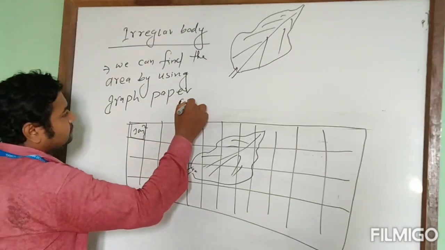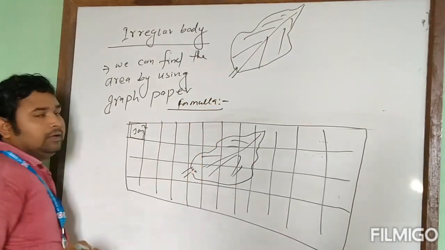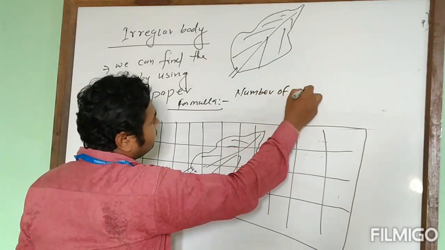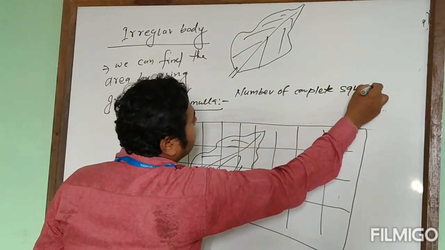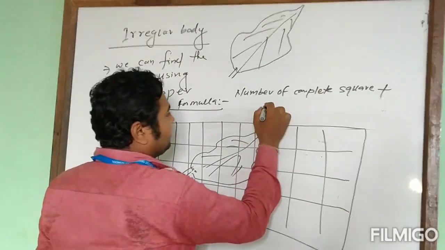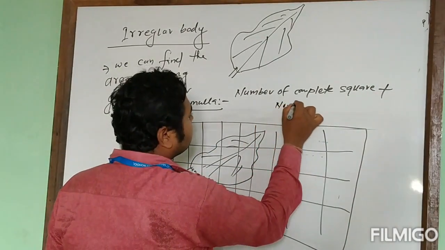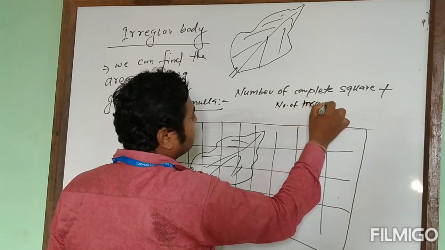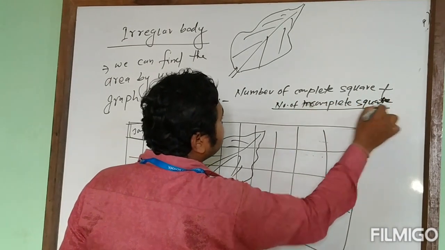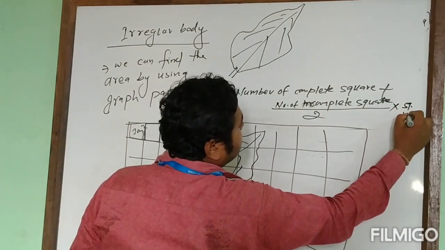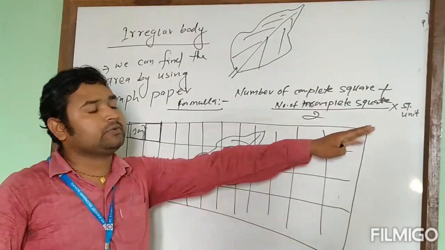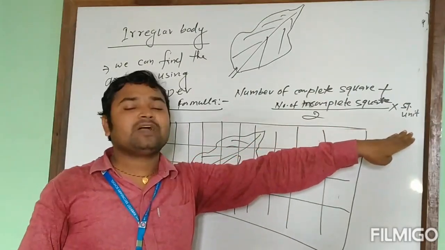The formula is: area equals number of complete squares plus number of incomplete squares divided by 2, into square unit.